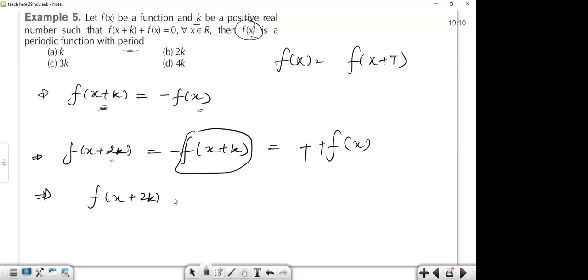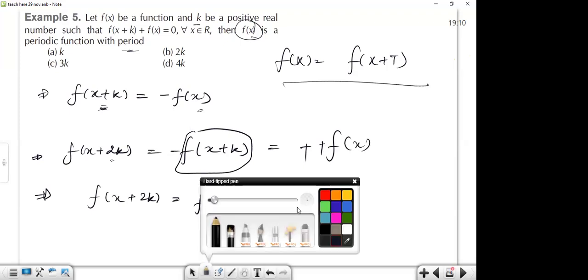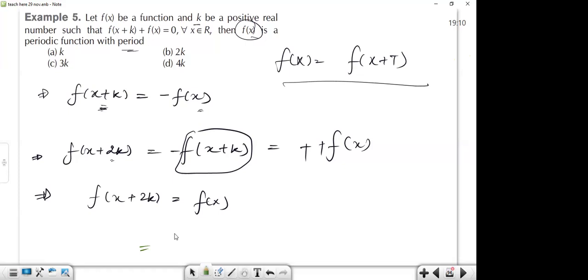Yes, sir. Now, can you tell me what is the period of f of x? See this. T is the period here. Now, what is the period of f of x here?